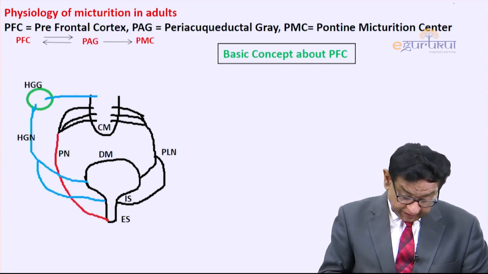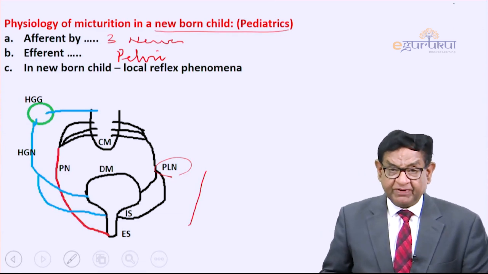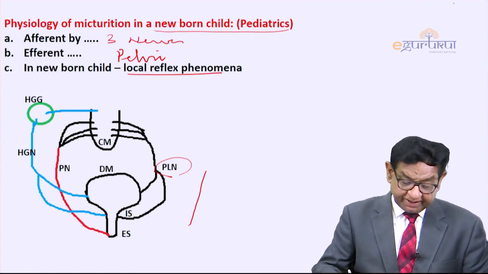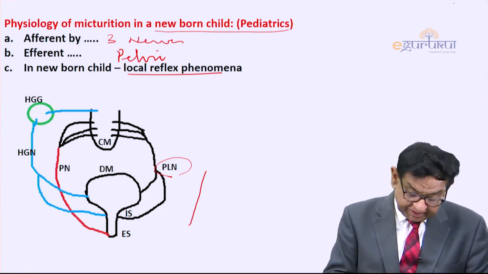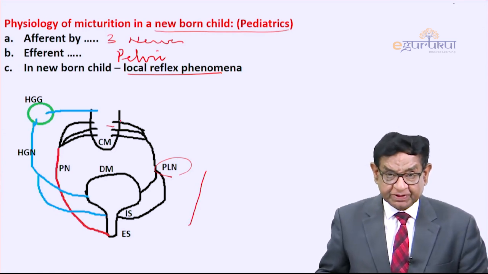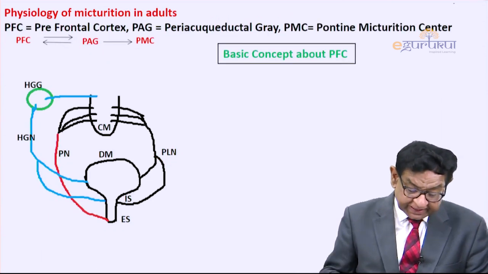One more thing I'd like to tell you. In a newborn child, it is a local reflex phenomenon. Why? Because the bladder gets filled up, the message goes to the lower end of the spinal cord, and it gets evacuated. Now let's see what happens in adults.